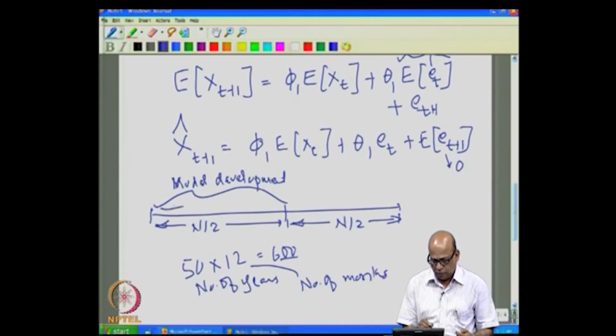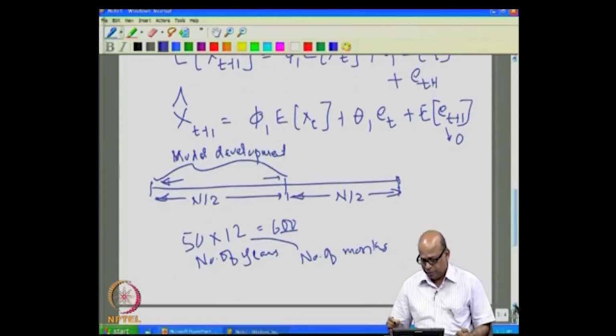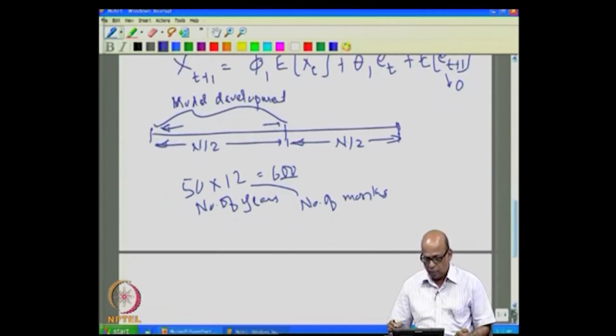So, use the first 25 years data which is n by 2 to develop the model and then calculate the errors of using this model on one time step ahead forecasting for the remaining data. What do I mean by that? Let us say that you chose your AR1 model.